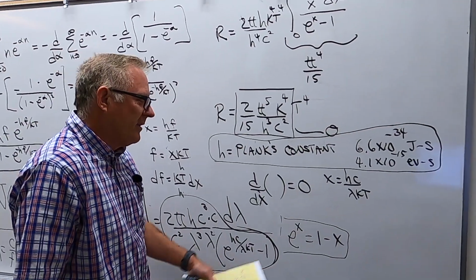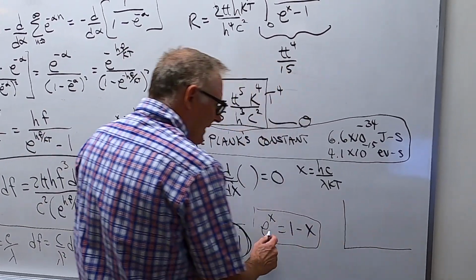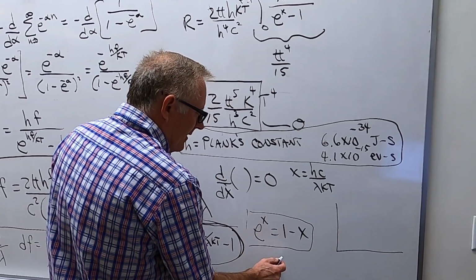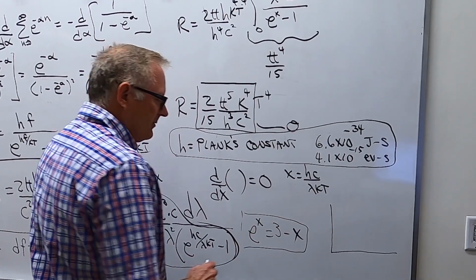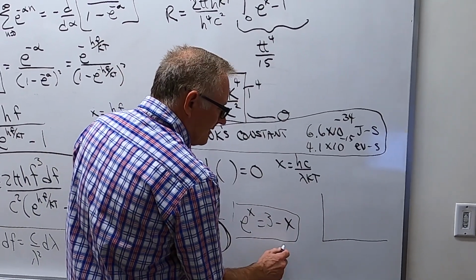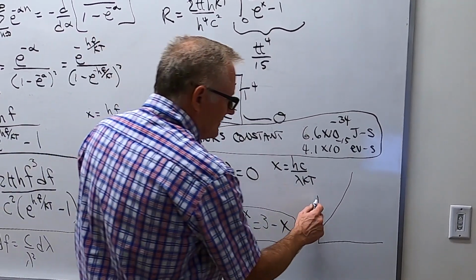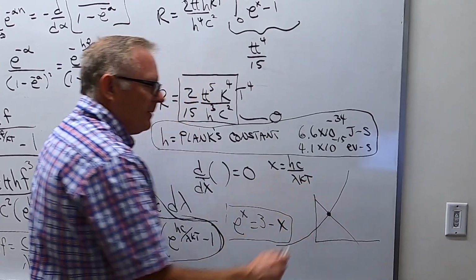Well, one way you can do it is just graphically. Graph out the left-hand side, e to the x. Actually, let me make it something like 3 minus x, I'm not sure what it is here. But e to the x looks like this, and 3 minus x might look like that. There would be the solution.